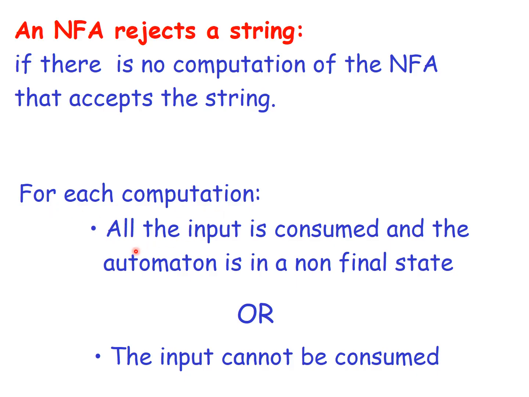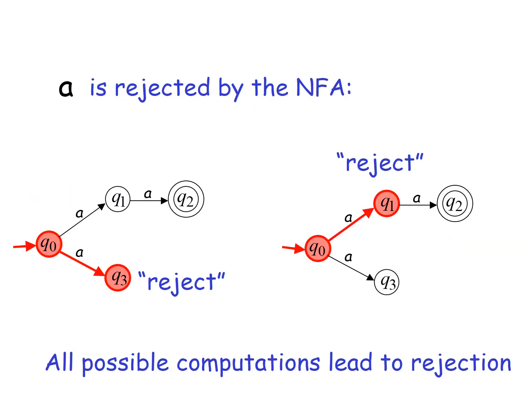For each computation, either all the input is consumed and the automaton is in a non-final, rejecting state, or the input cannot be consumed, and it is also not accepted. So these are all rejected. All possible computations lead to rejection. As you have seen in the previous slide, I am concluding it similarly here. Try to understand this.